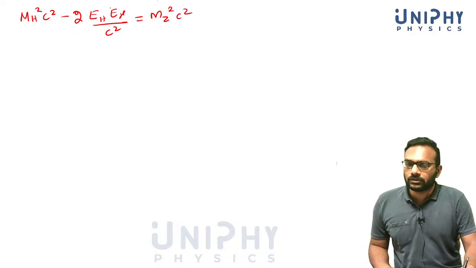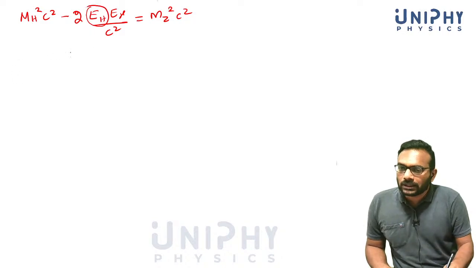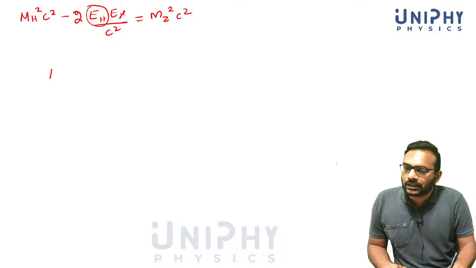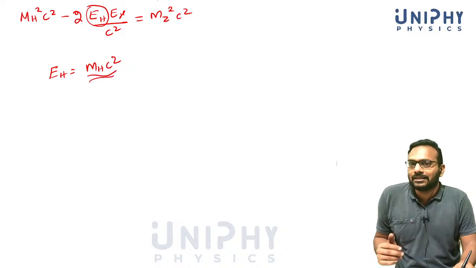We have done it. You just solve for E gamma. We also need this EH. What is EH? We know that this is the energy of the Higgs boson, and the Higgs boson is at rest. So EH is simply mh c square, the rest energy.